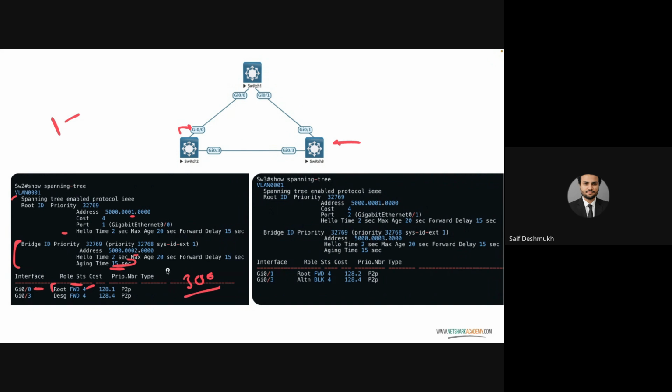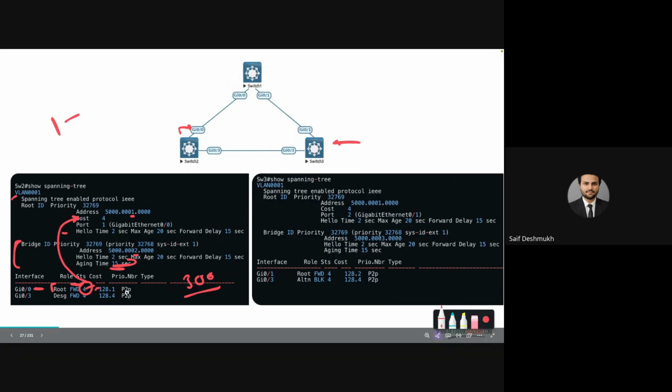This is the local cost. The local cost is 4, which is considered and shown in the BPDU. Then there is the local interface priority. And the link is P2P.